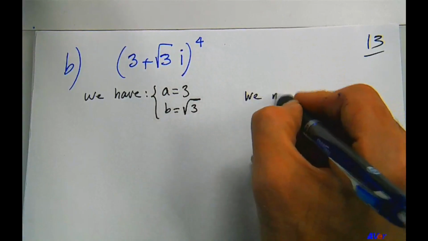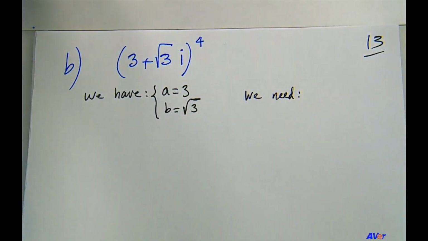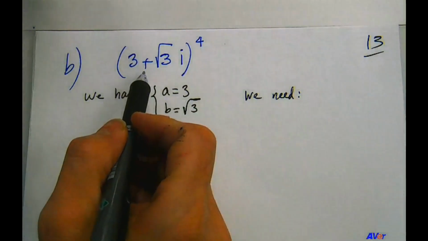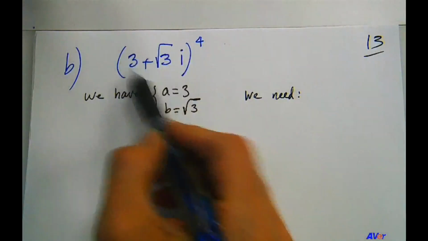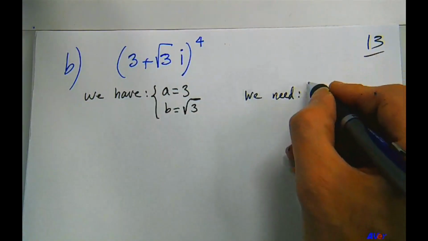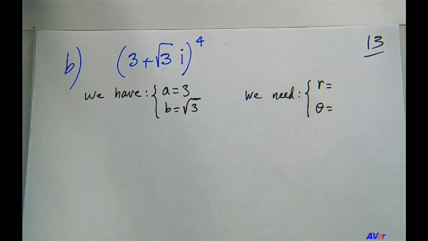Because de Moivre's theorem is based on the polar complex number form, not on the rectangular form, we need to obtain the polar complex form before we can apply de Moivre's theorem. So we need r and theta.